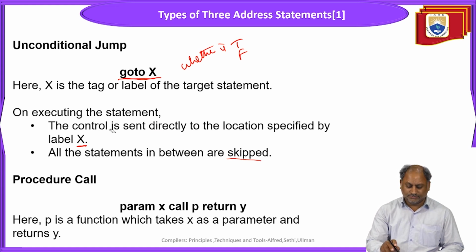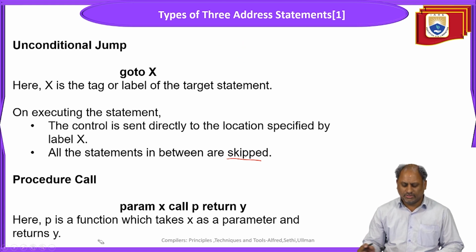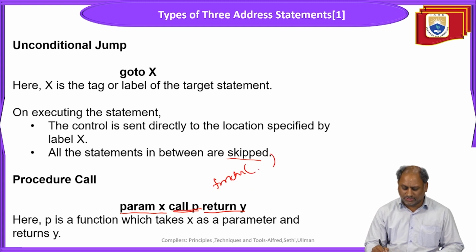Another type of three-address statement is the procedure call: param x, call p, return. It is like a function call only. With call p, we define the function with some arguments, that is parameter x, and this function returns some value, which is calculated as y.